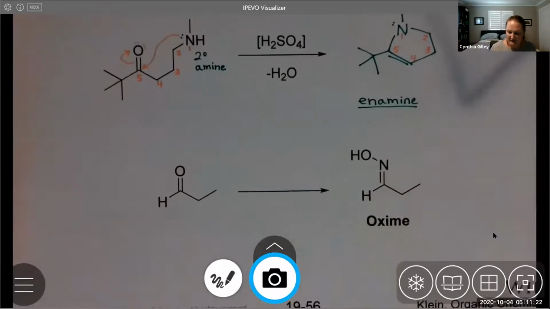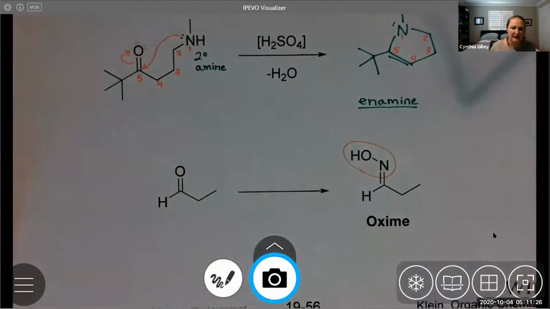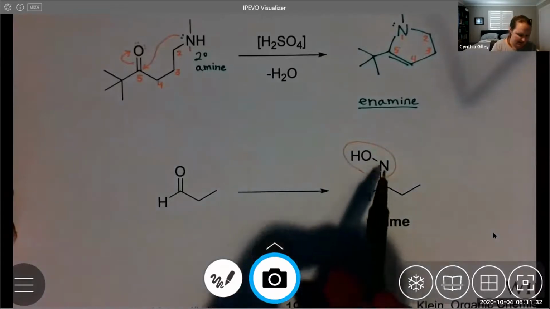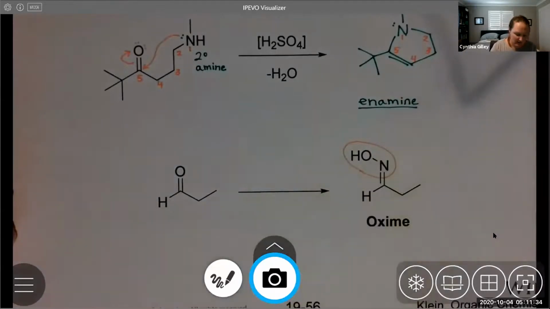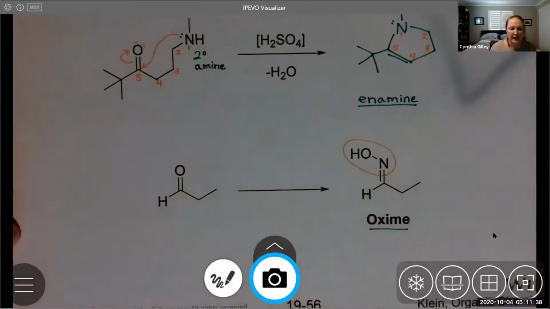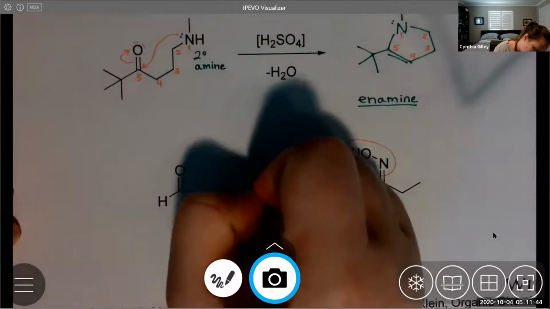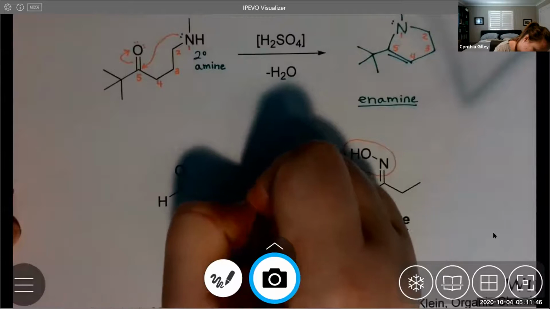All right, what about this, right? Let's think about what got added here. That doesn't look like something I recognize necessarily, but I can still imagine that this is kind of like an imine, right? They're telling me it's not called an imine, it's called an oxime, but I think of it as kind of like an imine anyway. So if I use a primary amine, I would be able to form an imine, right?